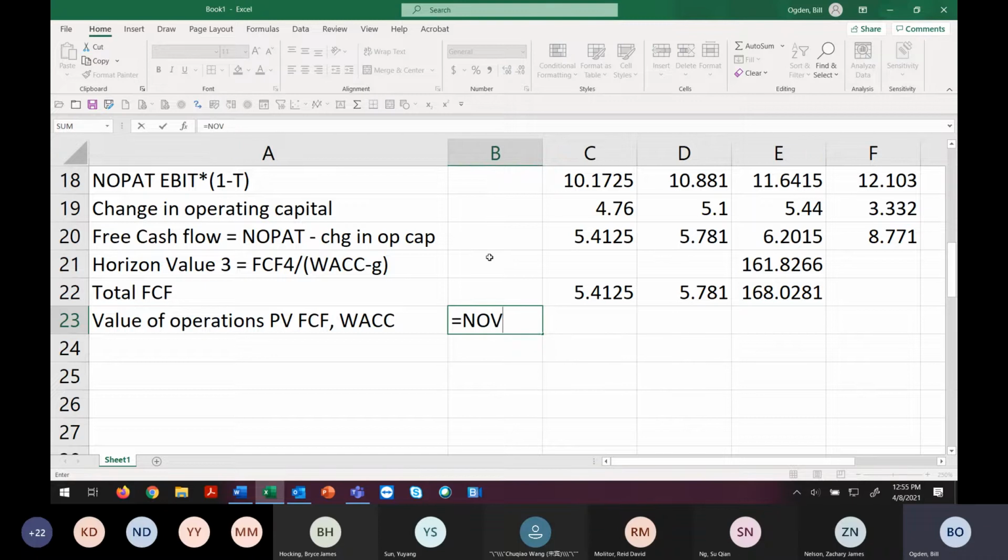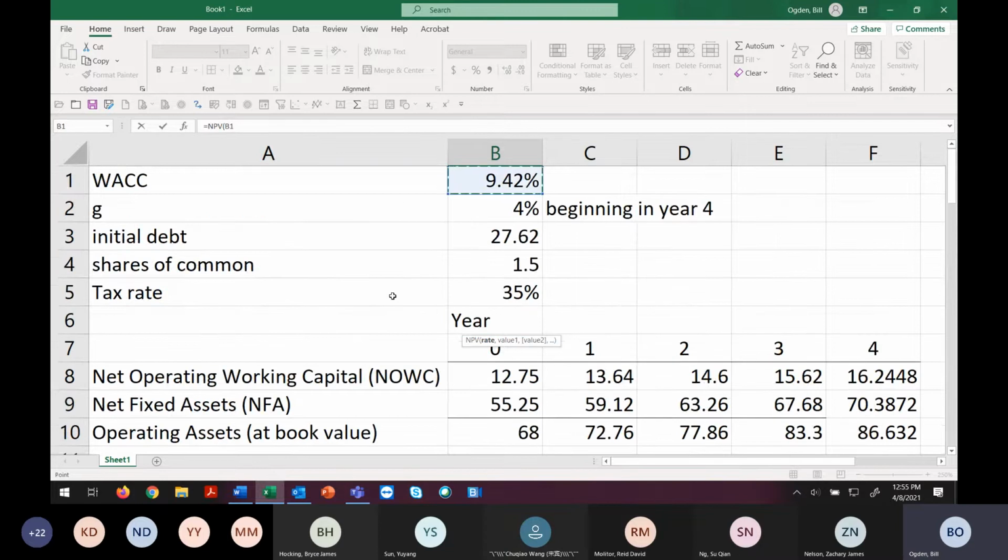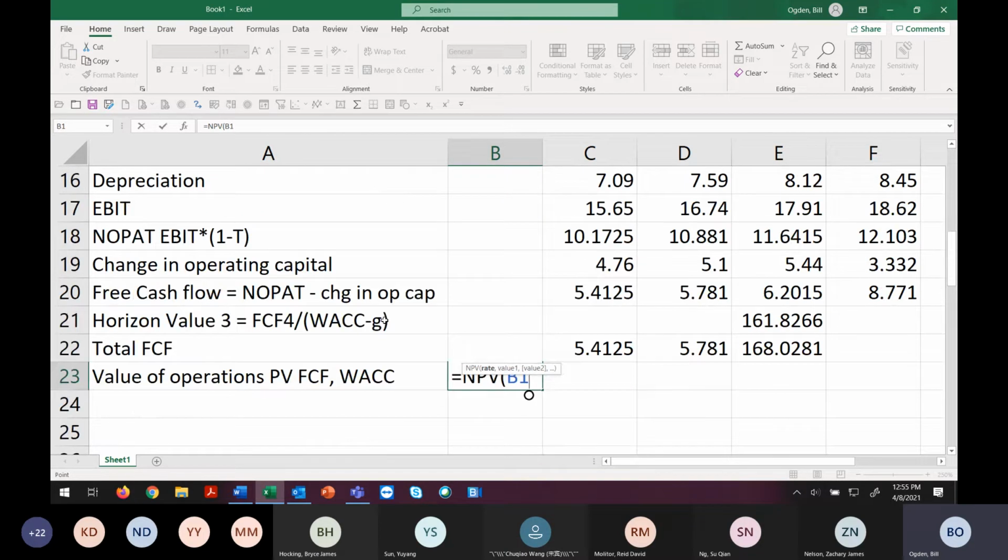Equals NPV, and then let's get our WACC discount rate, comma, and we'll discount these free cash flows. And hopefully, yes, 138.04 is correct. And if you look in the Word document, you will find exactly the same number.